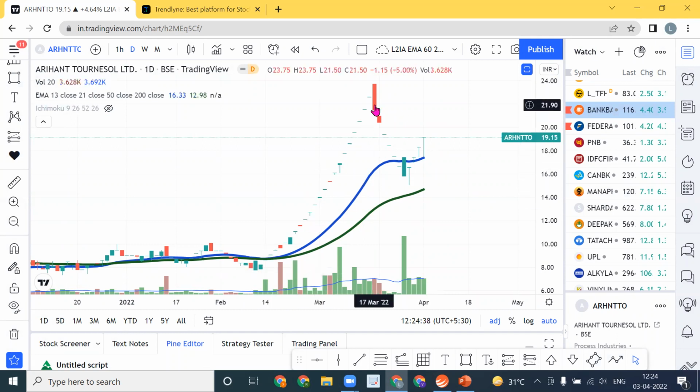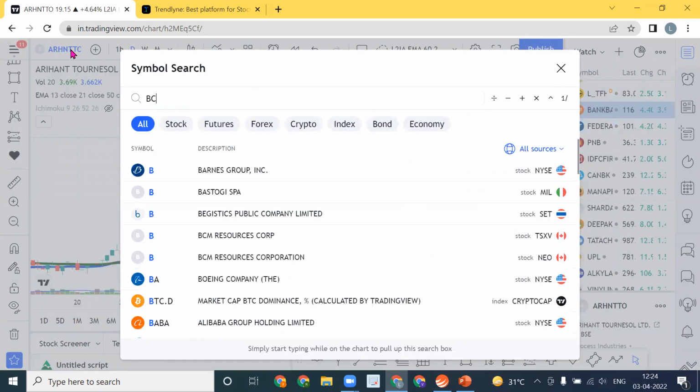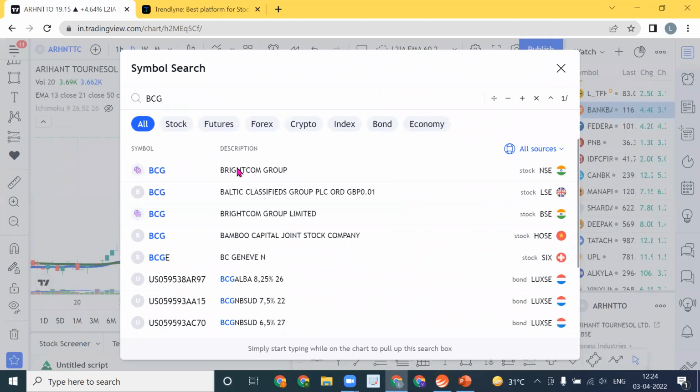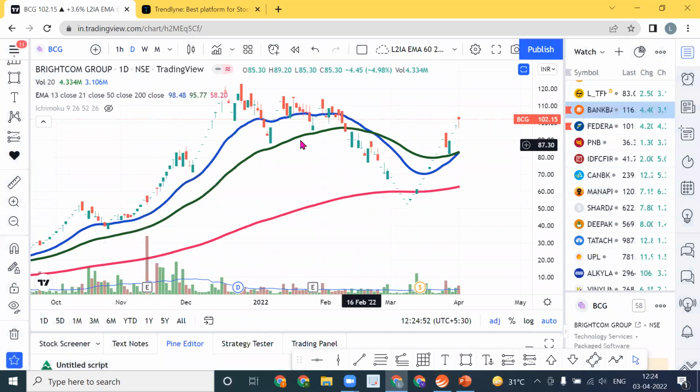It was in upper circuit, now in lower circuit. One should not touch such a stock. Somebody was asking me about BCG, Brightcom Group. Okay, so here it was normal, but from here it went lower circuit, then continuous upper circuit. So I don't touch such stocks.